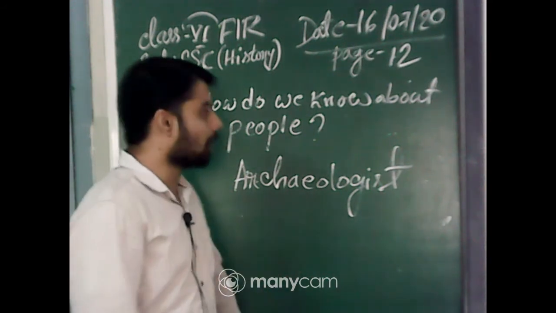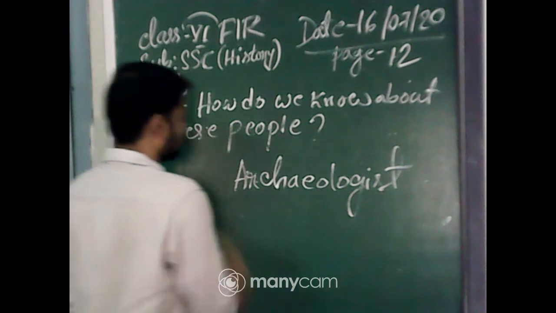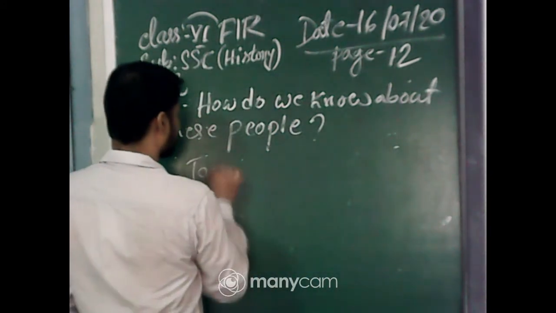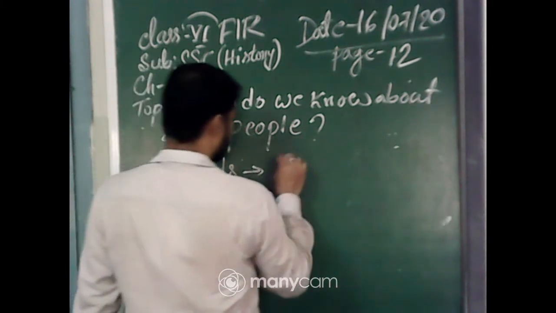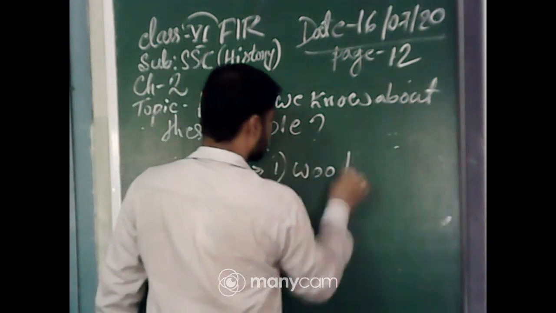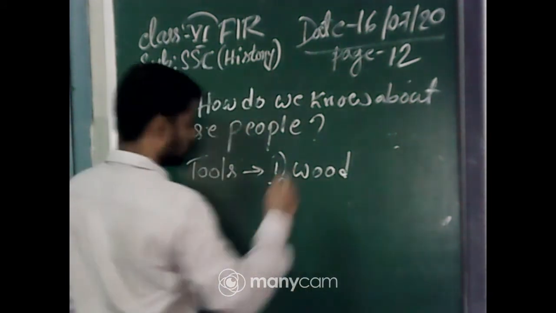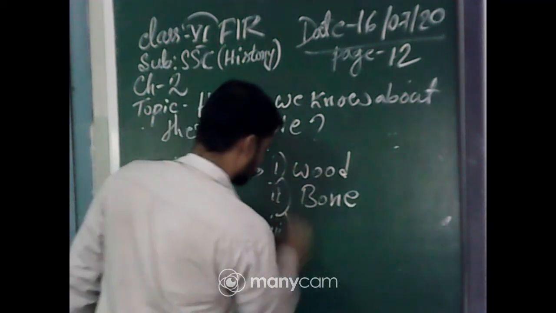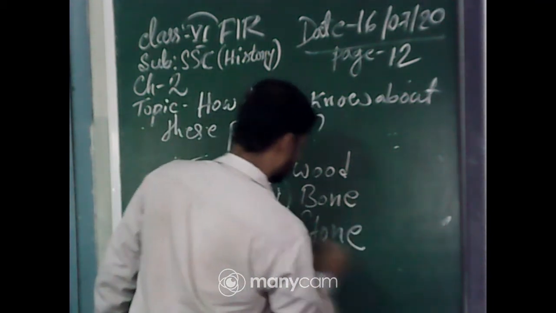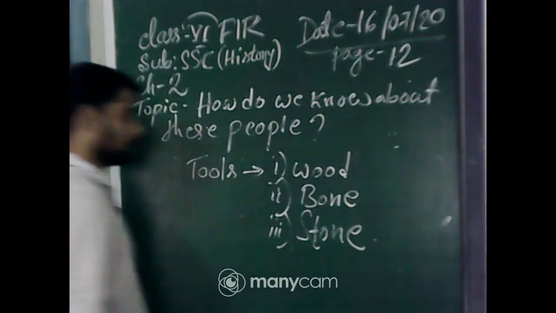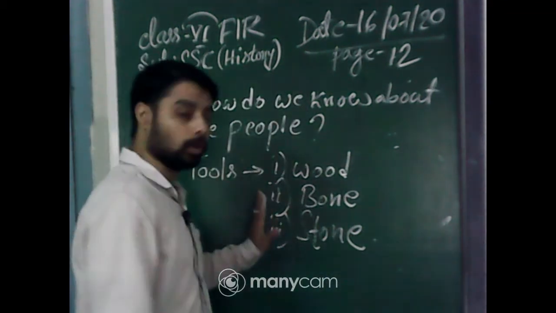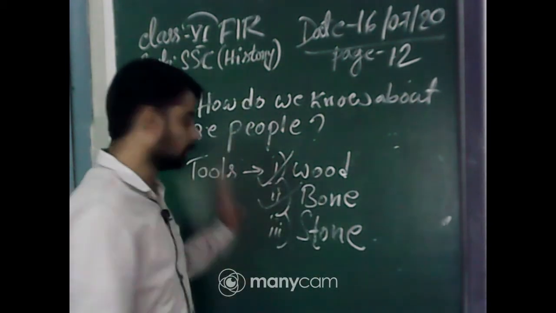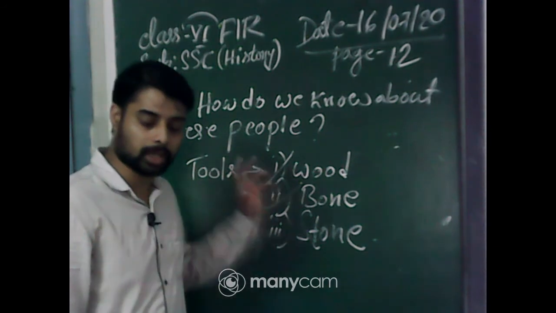Archaeologists have found that most of the tools were made of 3 types of materials. First wood, number 2 bone, and number 3 stone. Among them, wood and bone easily decompose, so it is very difficult to find this type of weapons, equipment and tools.